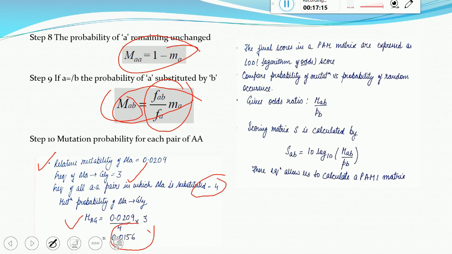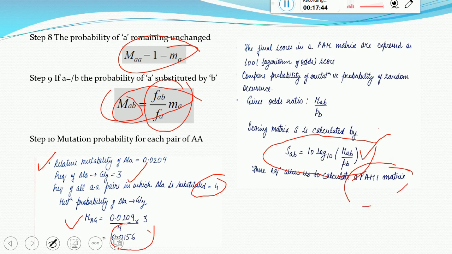By the odds ratio MAB upon PB. Now the scoring matrix S is calculated by SAB is equal to 10 log 10 MAB divided by PB. So this is basically the formula for converting all the values I have calculated previously into the final value which we will be putting in a PAM matrix. So these equations allow us to calculate a PAM1 matrix.